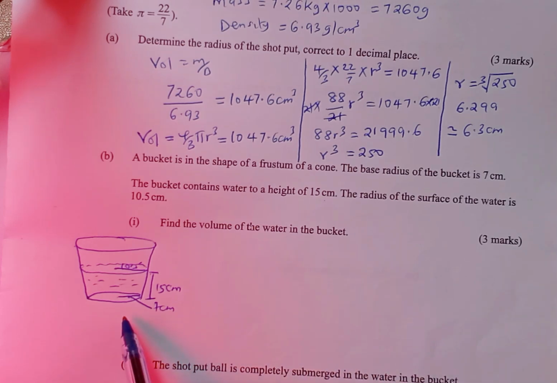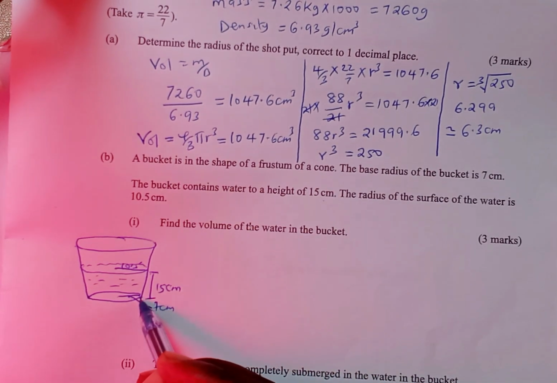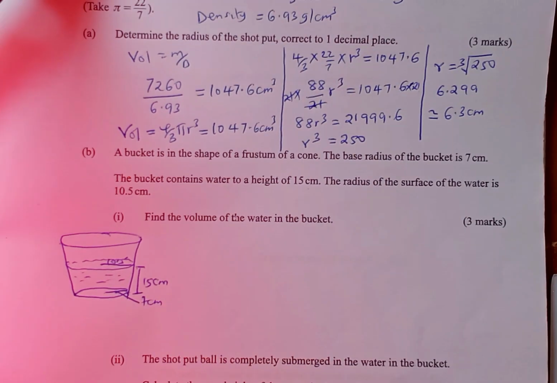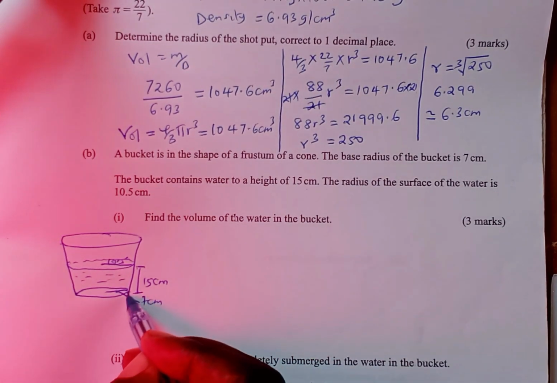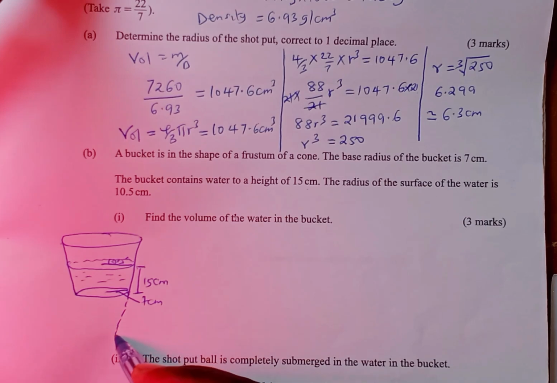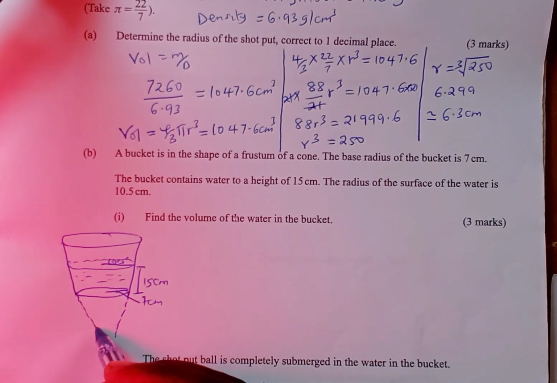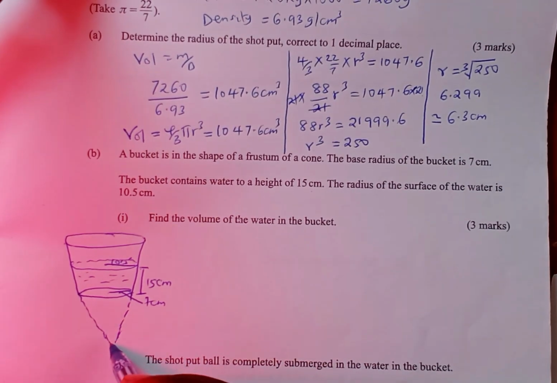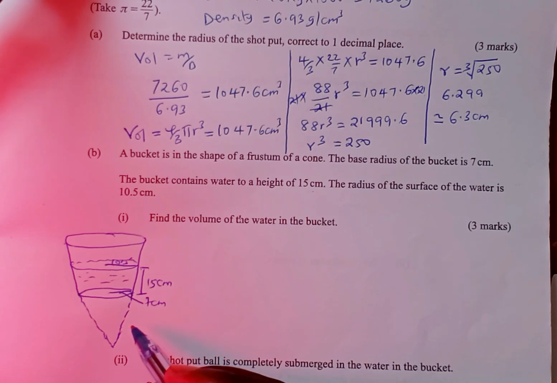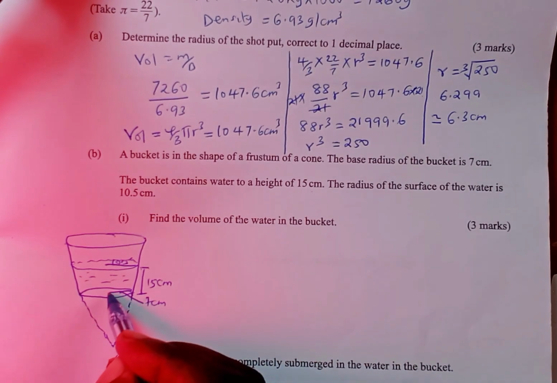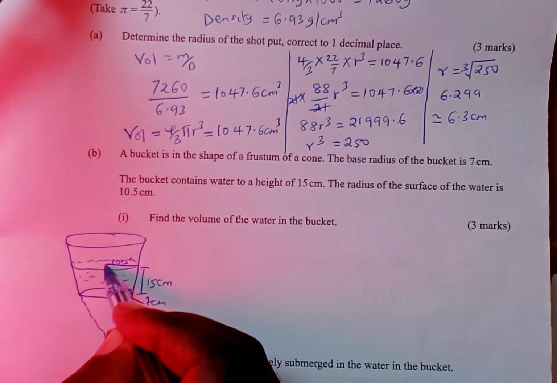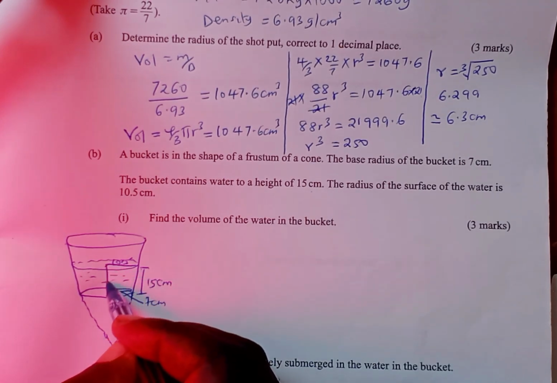Remember, this bucket was extracted from a cone, and therefore we are going to extend this bucket so that we can obtain the cone from where the bucket was extracted from.